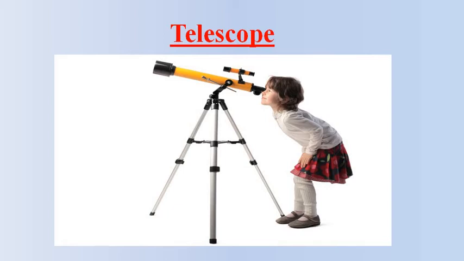A telescope is an optical instrument using lenses, curved mirrors, or a combination of both to observe distant objects, or various devices used to observe distant objects by their emission or reflection of electromagnetic radiation. Telescope.